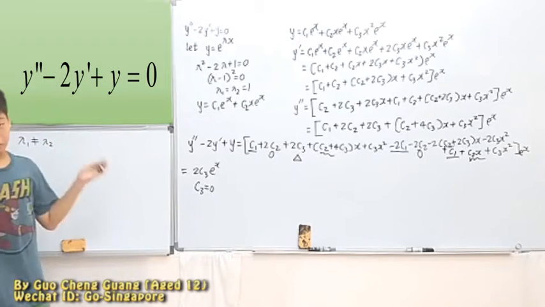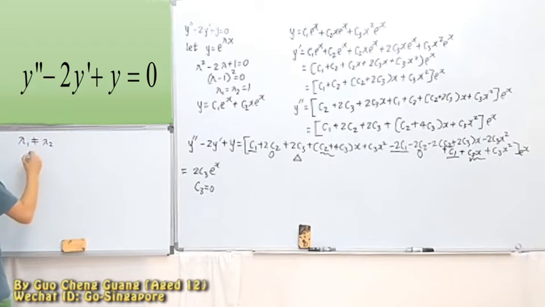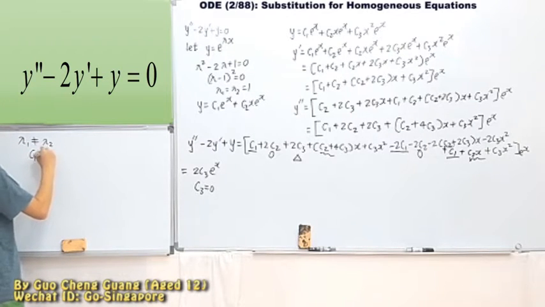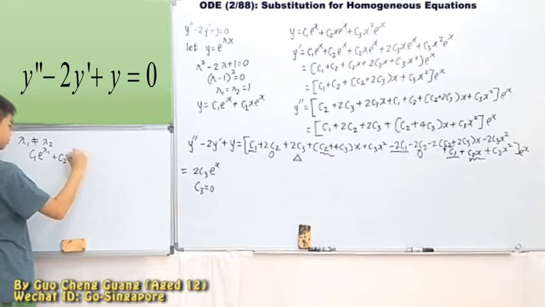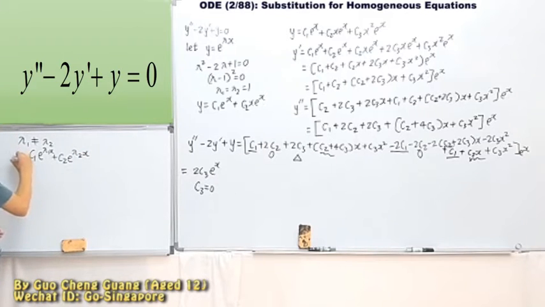That would be very simple. If there are only these two, it'll just be like this for y.